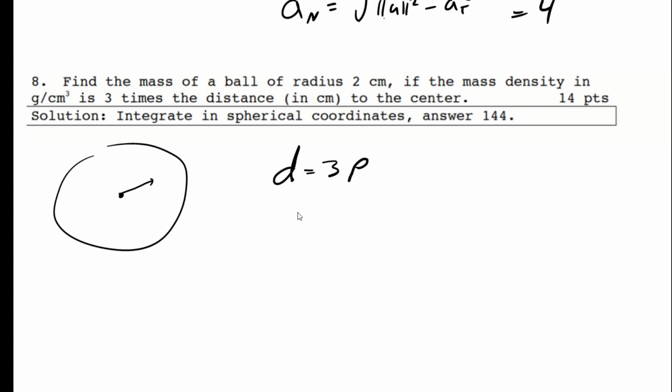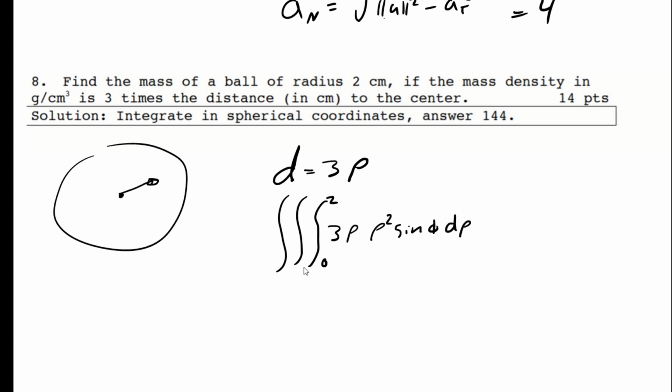So find the mass of the ball. Basically I want to integrate this density, so that's the mass at a tiny point, over this whole sphere. So rho goes from 0 to radius 2, of rho squared sine phi d rho.